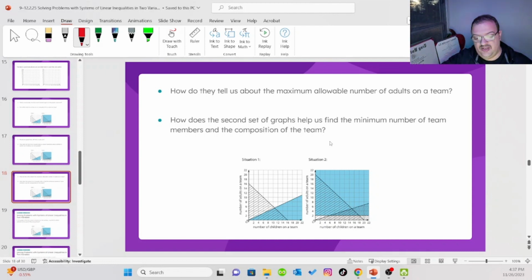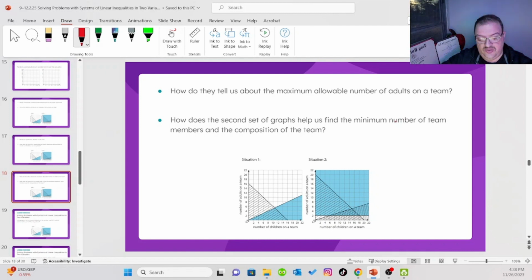How do they tell us about the maximum allowable number of adults on a team? So here we know that the maximum number of adults must stay below this solid line because that's the total number of people that we could have.